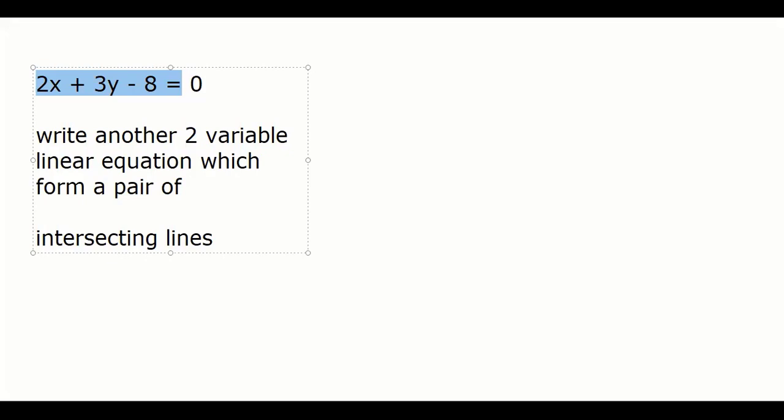Good. If I am changing the question, guys, stop. Question is changed now. Parallel lines it should show. Now what? Write another line which is paired with this to form parallel lines.